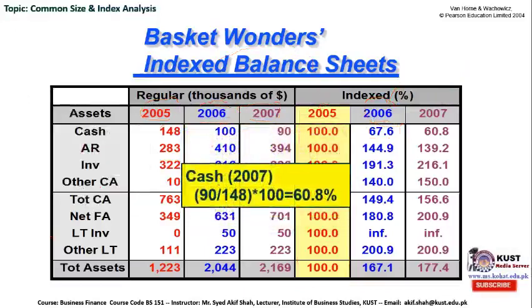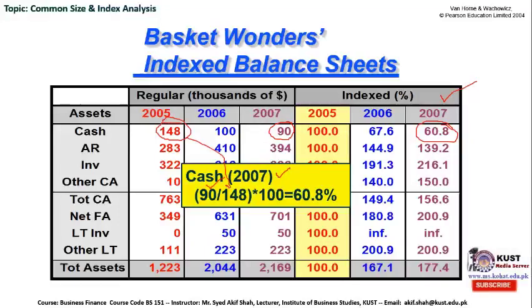We can also calculate the cash index for 2007, and the cash position of the company in 2007 as per the index analysis is 60.8%. How did we calculate it? The yellow box is explaining to divide the 2007 cash, which is 90 as mentioned in the formula, by the base year's cash, which is 148.